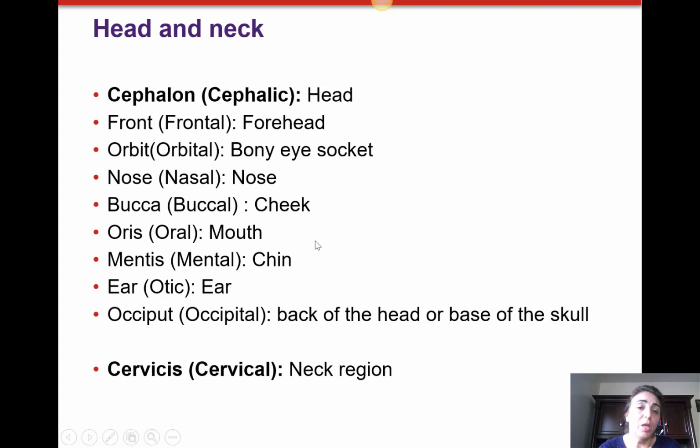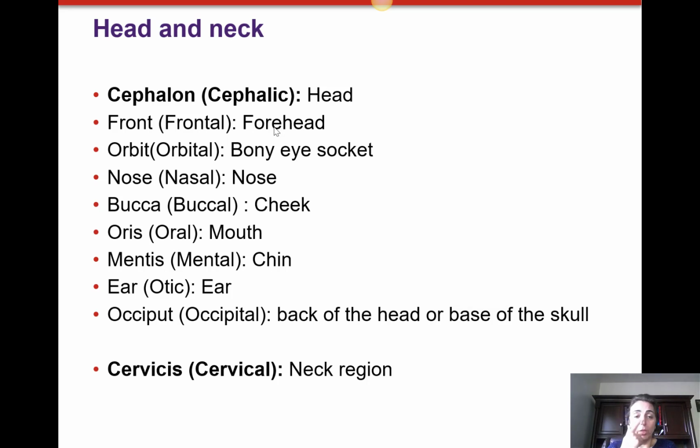So as we said, cephalon is related to the head, cephalic is the adjective for that, and the area is the head. Front is a noun, frontal is the adjective for that and refers to the forehead. Orbit is related to the bony eye socket where the eye is located, and orbital is the adjective for whatever structure you have inside that orbit.